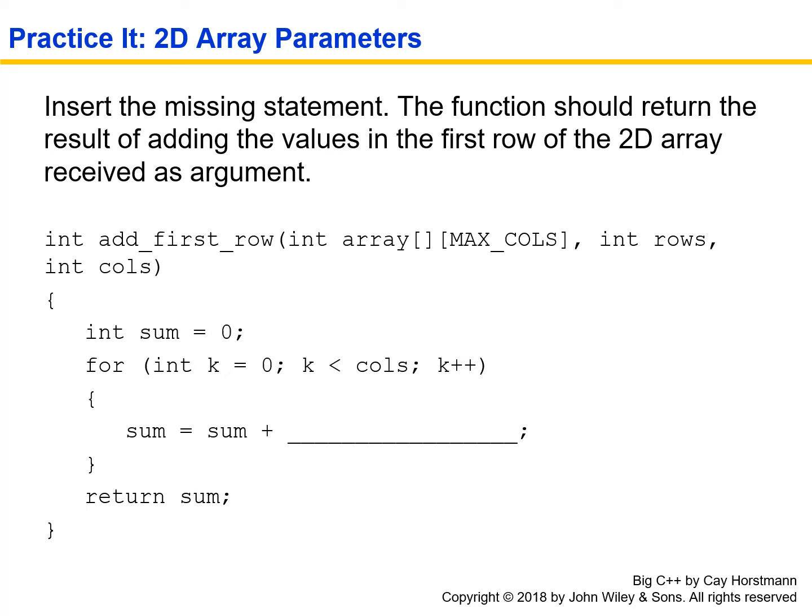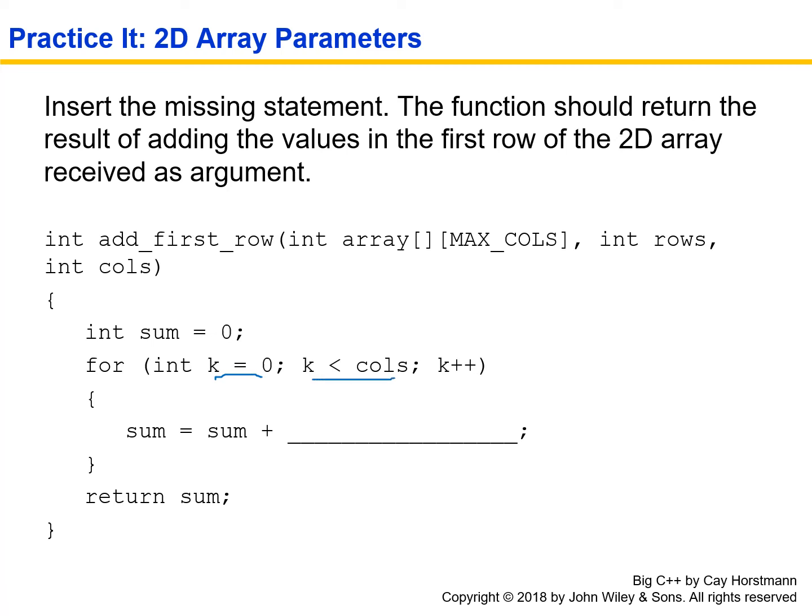So this is a practice moment. This function should return the result of adding the values in the first row of the 2D array. So we're always looking at the first row. So k is 0 to columns. Okay, k is 0, k less than columns.